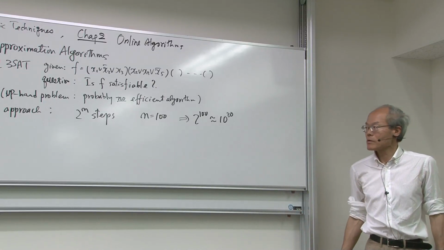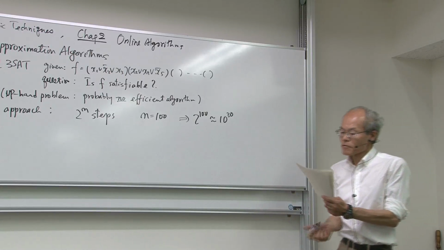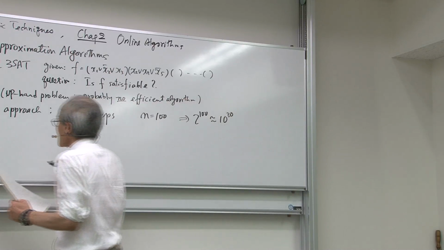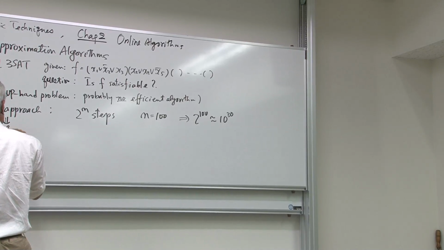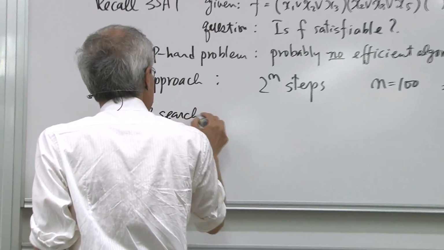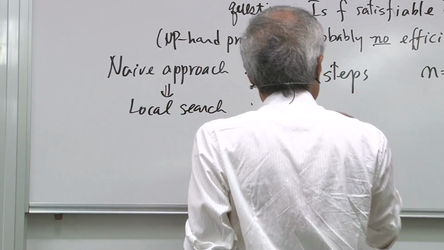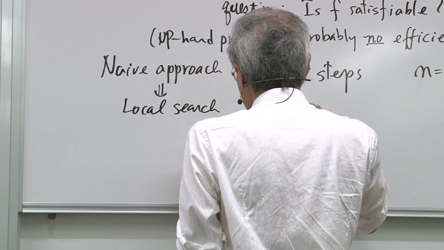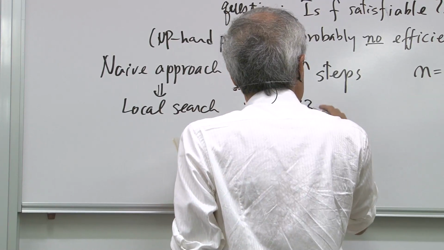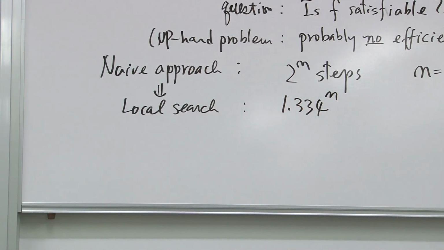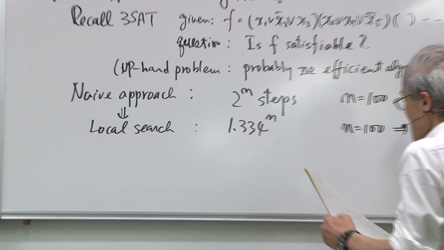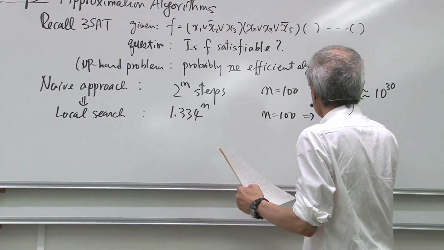So we can't do that. Definitely it's impossible. But fortunately, I told you that we have a nice algorithm based on local search. Then the complexity decreases to 1.334 to the n. Then if n is equal to 100, that is something like 10 to the 12.